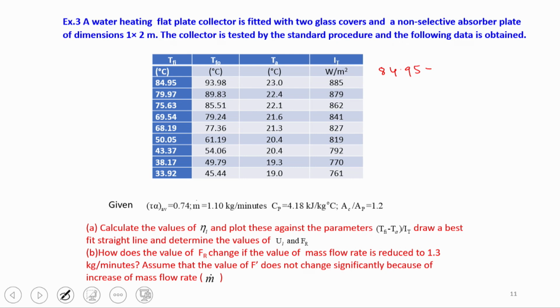It is 23, right? Then you have I T as 885. What is this value? 0.07. And for this one, just do it once again.